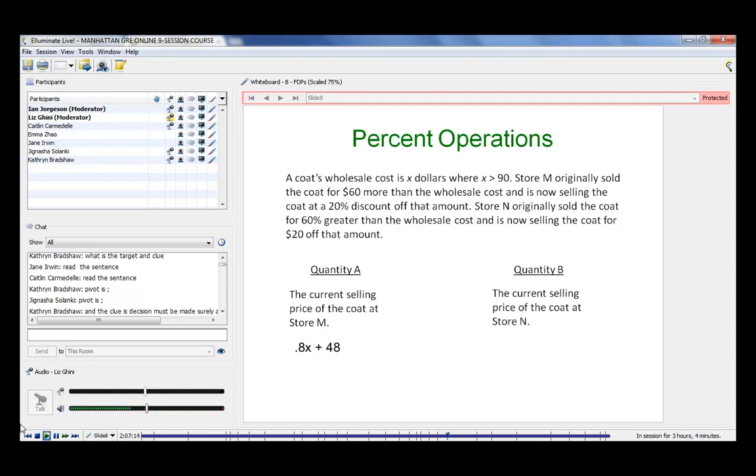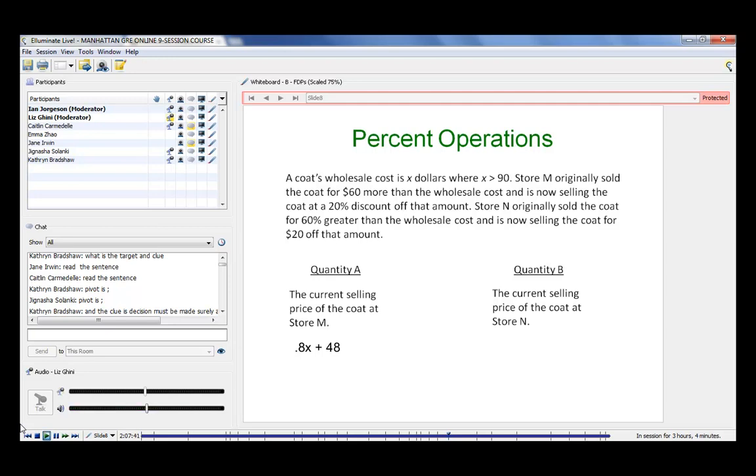What was its selling price? What was the selling price of store N? Store N. Okay, Emma's got it again.